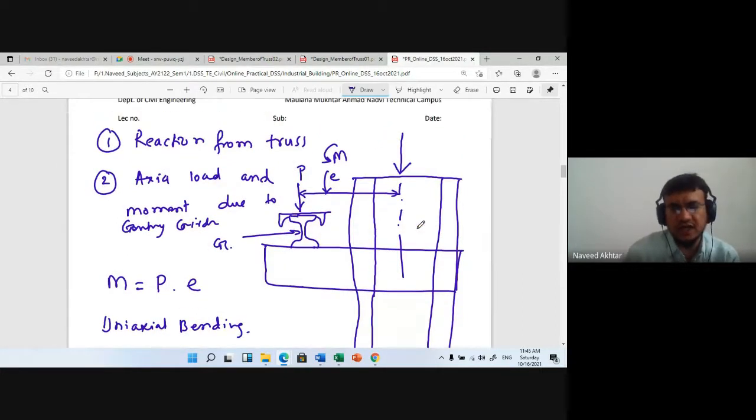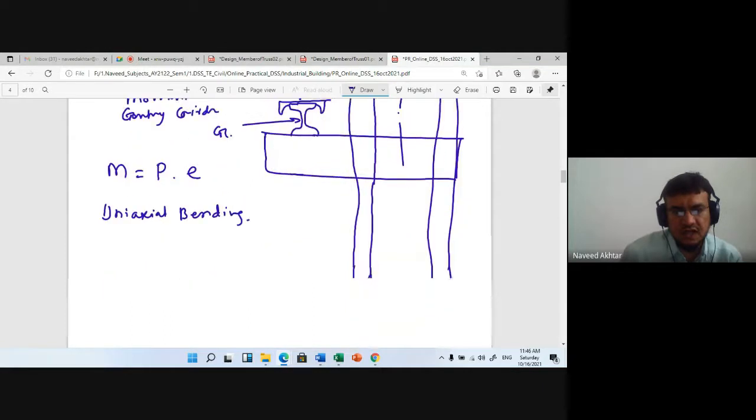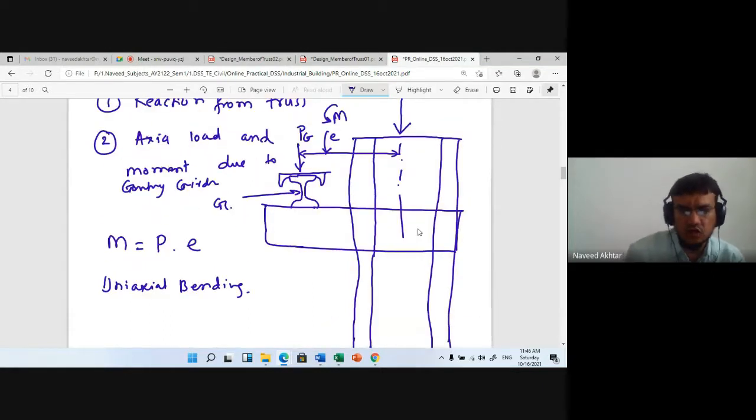So one load is the load from the truss. And then load from the bracings. We are providing the bracings for side sheeting. These are the beams, the bracings.